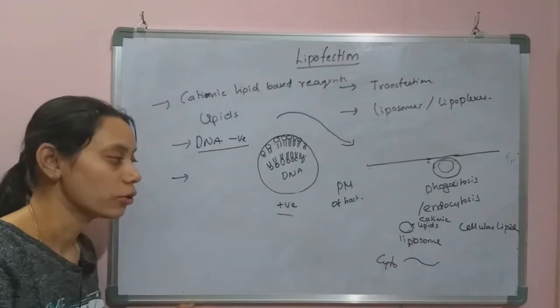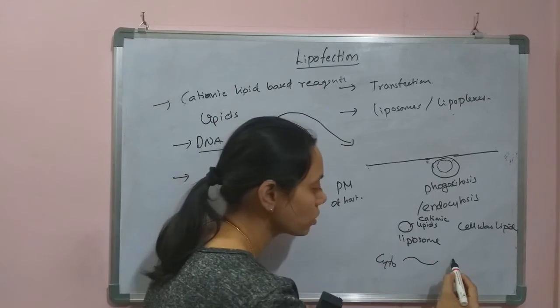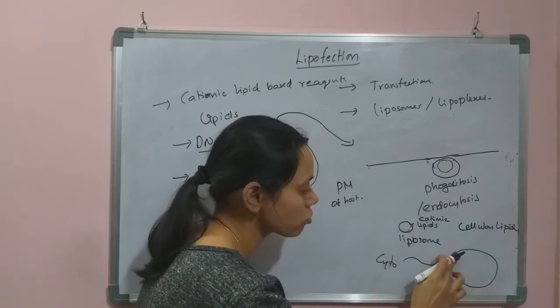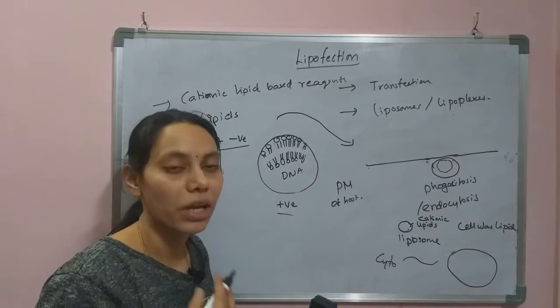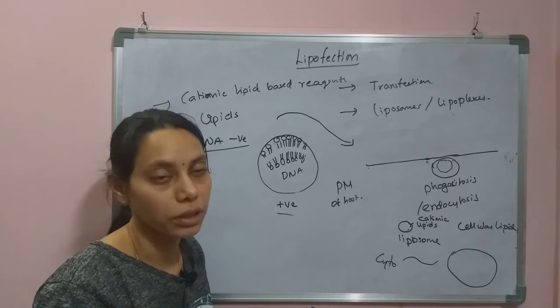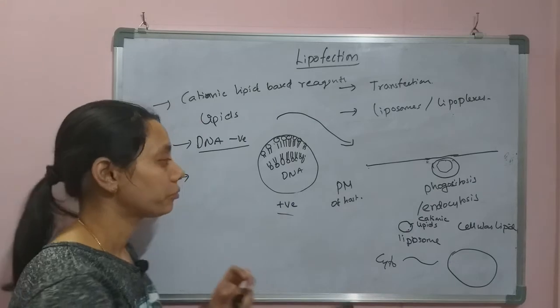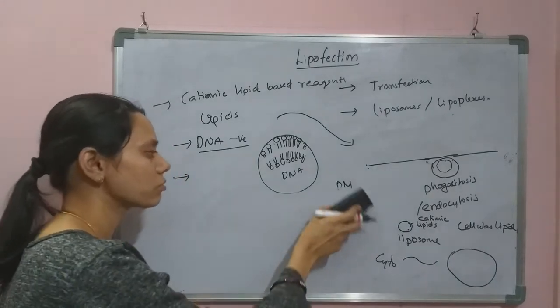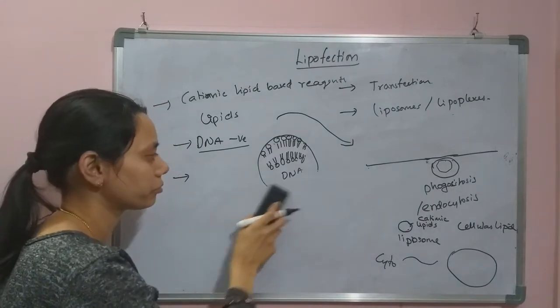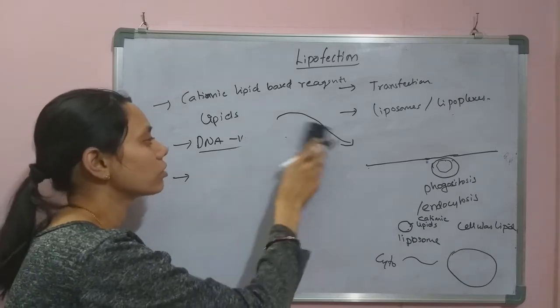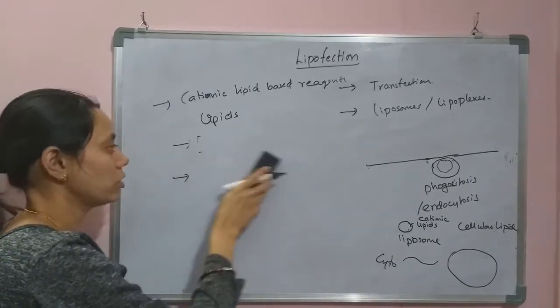And inside the cytoplasm, it needs to enter into the nucleus of the host cell. Generally the mechanism of how it goes into the nucleus is not very well studied, but using some molecular events, it will enter into the nucleus.